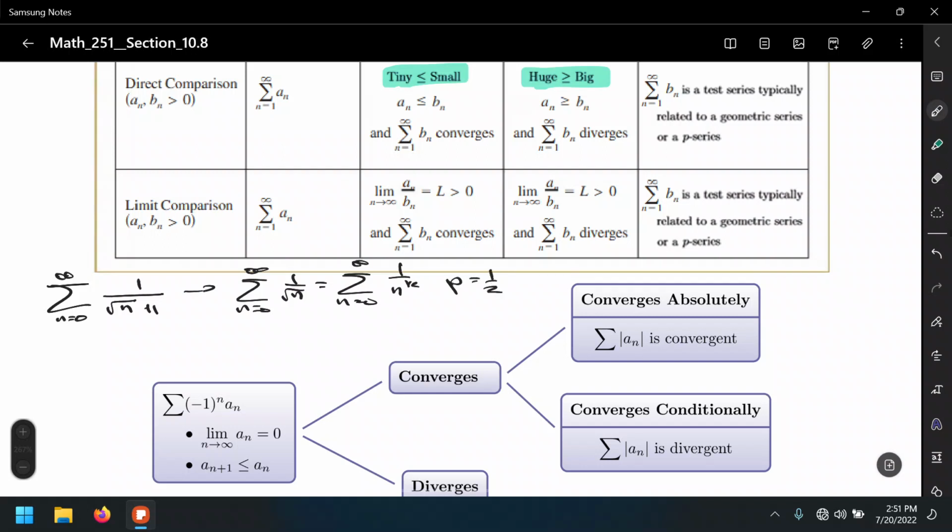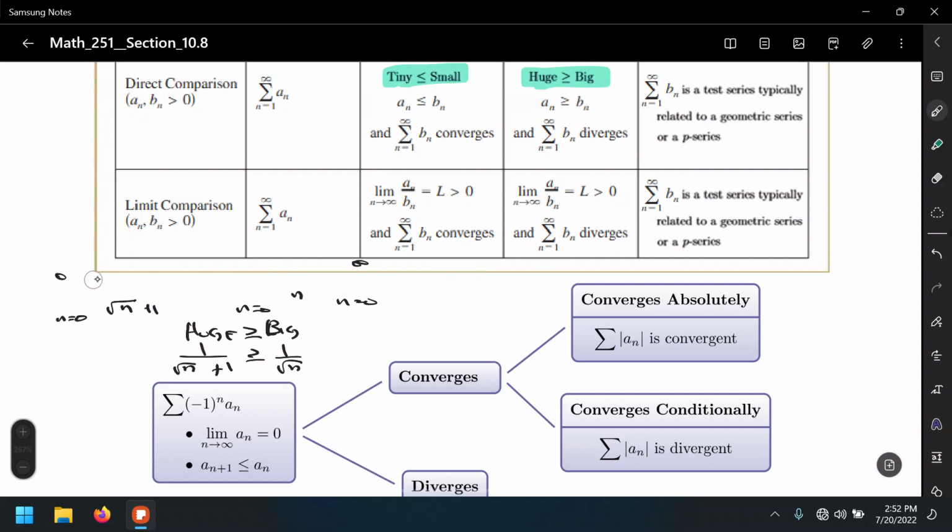So this is a divergent p-series, right? So for divergence, we need to make sure that huge is greater than or equal to big. But in this case, the huge is the original problem, and the big one is just 1 over the square root of n. But is this inequality true? No, right? So in this case, direct comparison failed, so we need to go with limit comparison, all right?